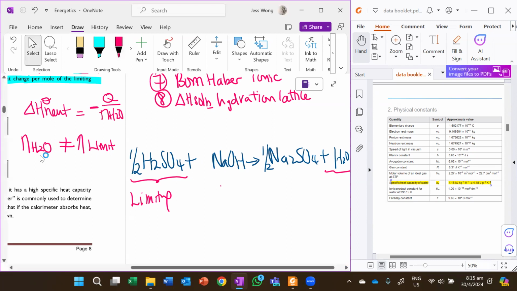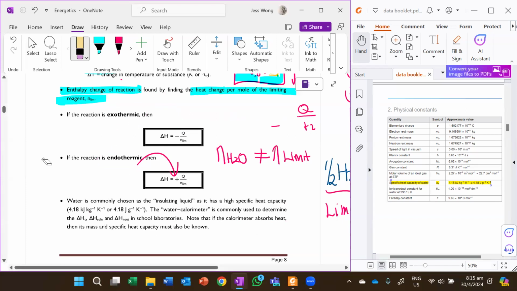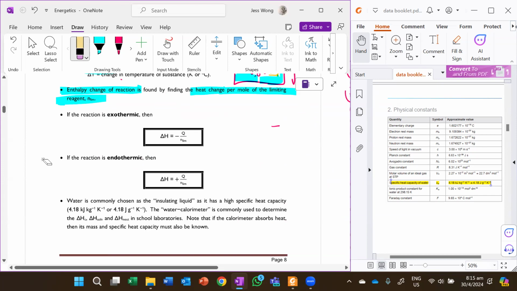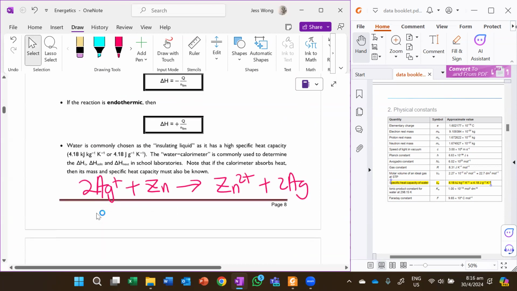Okay? So next, let's look at this. Now, if we have an equation, I'm not sure whether I can find one. Let me find an equation that maybe can show you this part. Okay, so I have a displacement reaction.